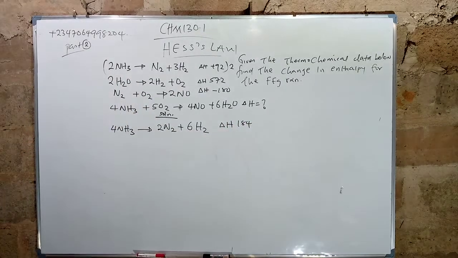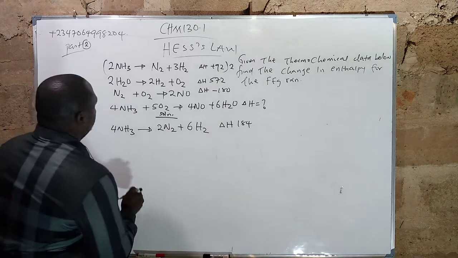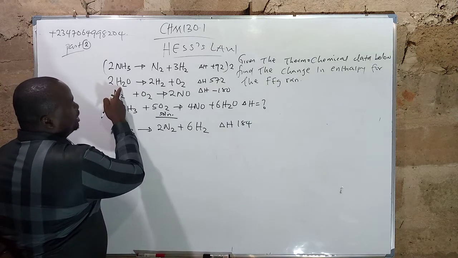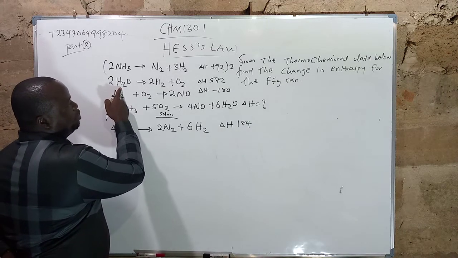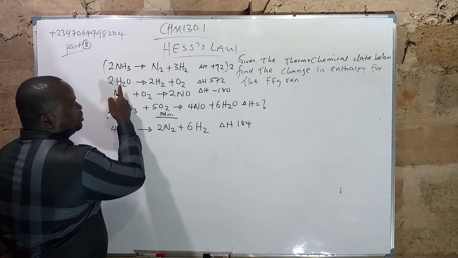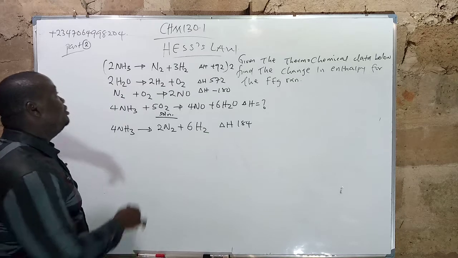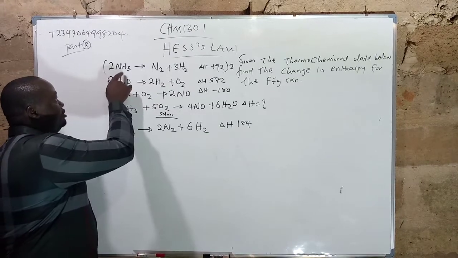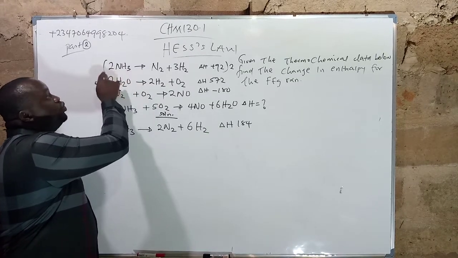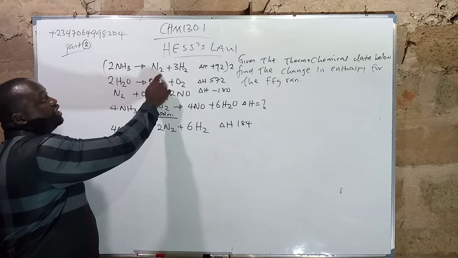Good. Now we are back to the second one. Look at water here. And of course, water only appeared once, right? Like I said, immediately you solve one. Like here, we only consider ammonia. You won't come back to this reaction to consider nitrogen or hydrogen.